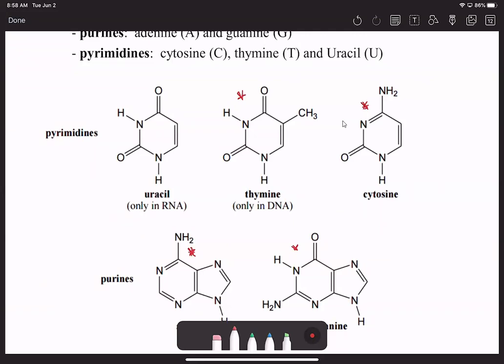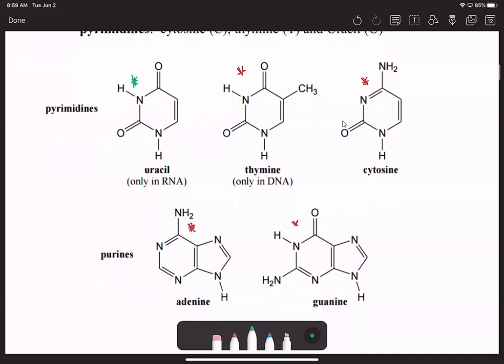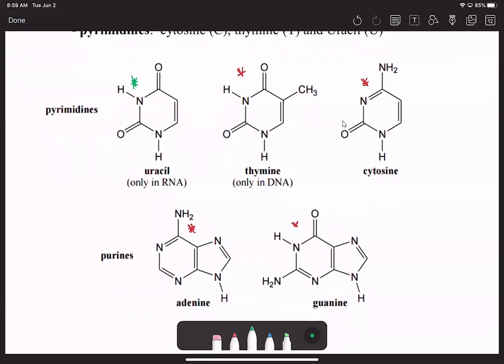So uracil is not found in DNA. The only 4 bases that we find in DNA are the ones that I've marked in red: thymine, cytosine, adenine, guanine, and we just use a 1-letter abbreviation. So this is T, this is C, this is A, this is G. These again are the only 4 that we find in DNA.